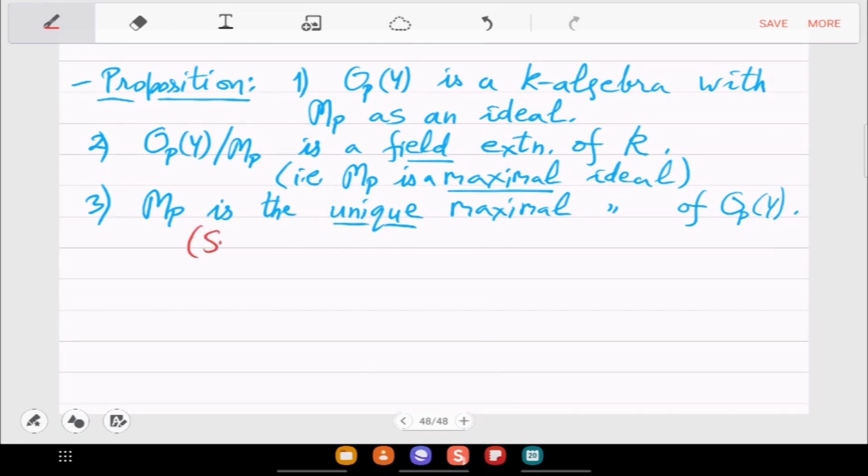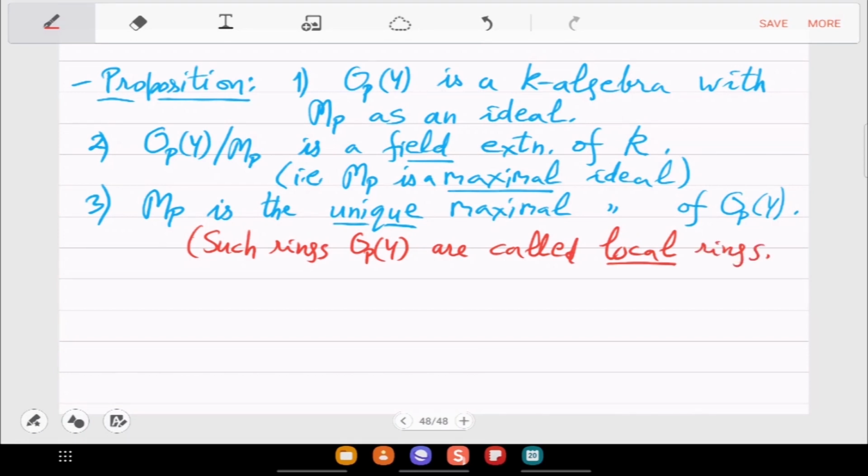So such rings, where such is basically referring to the fact that your ring, let's say R, has a unique maximal ideal, are called local rings. They are used everywhere in commutative algebra, but geometrically they have this origin. That's where the name comes from. Okay, so you can try this. The proofs are simple. You just have to unpack the definition.